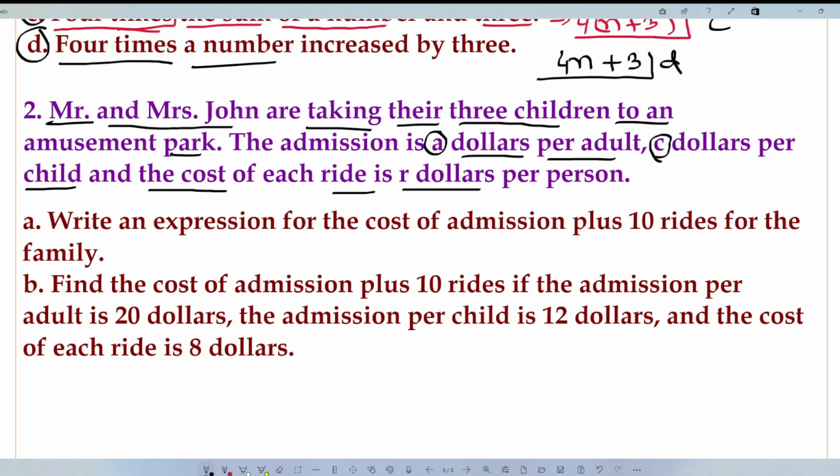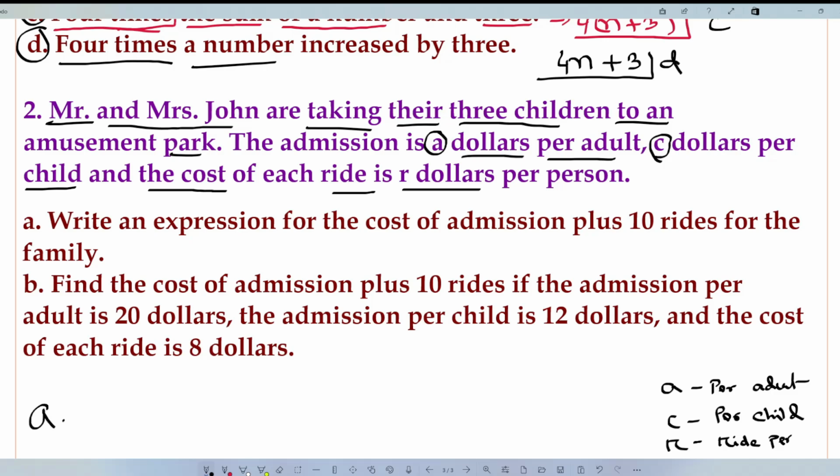So here are 3 things: A is per adult, C is per child, and R is ride per person.